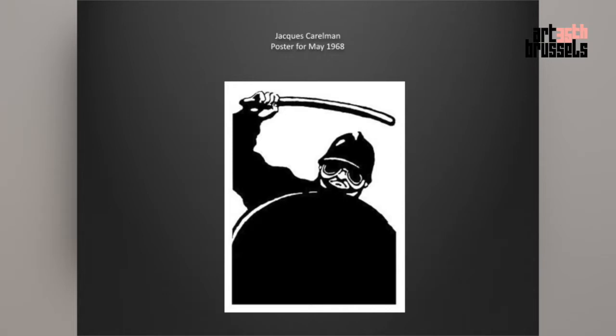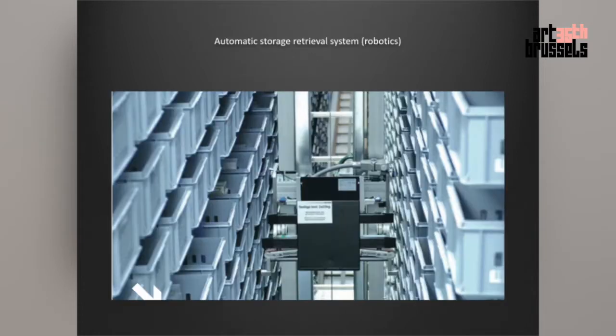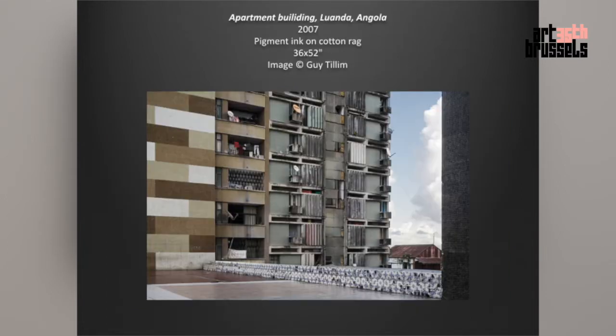What you see here is an automatic storage retrieval system that you find in very big corporations like Amazon when they have to, of course, search and deliver packages, but also pharmacies. And he connected this automated robotic system with the legacy of modernism in Africa.